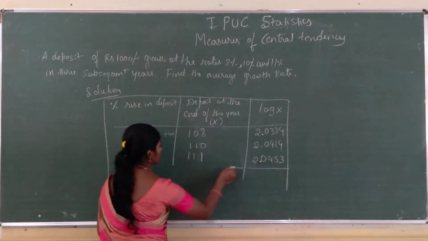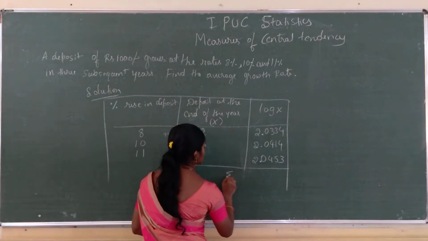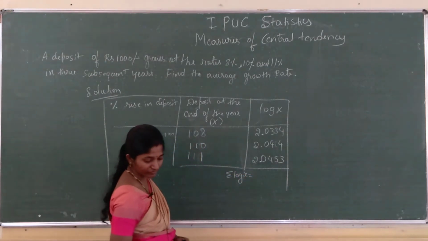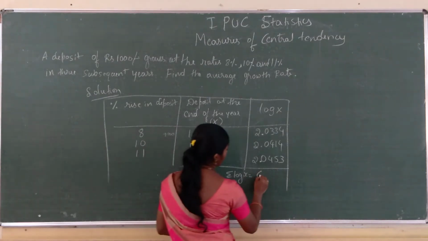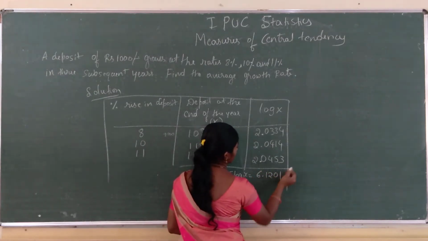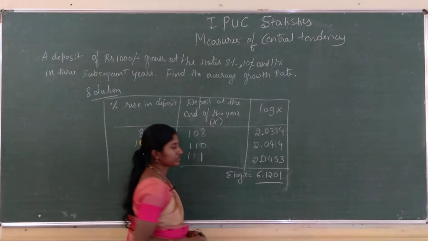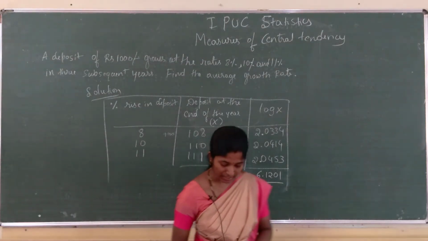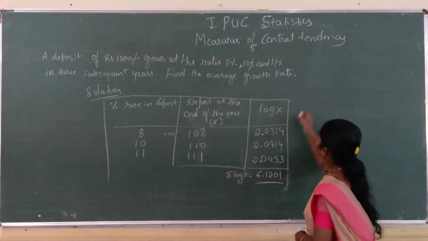Add these values, that is the summation log x. After adding we get 6.1201. See, this is the answer, 6.1201. Next, apply that formula.